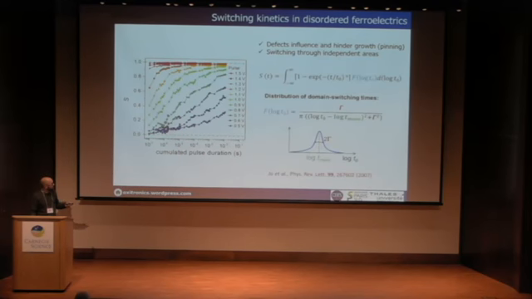And so what they consider here is the distribution of nucleation time as a Lorentzian. And when we apply this model to our experiments, this fits quite well. So this means that we have a simple way to explain the trends that we observe in the dynamics in these ferroelectric tunnel junctions.